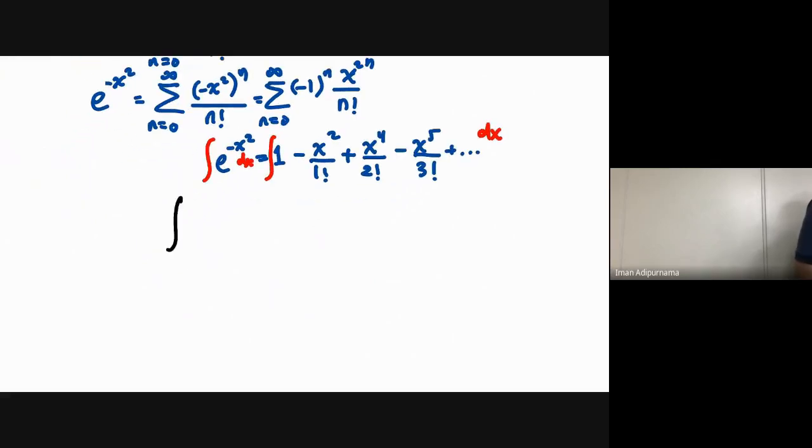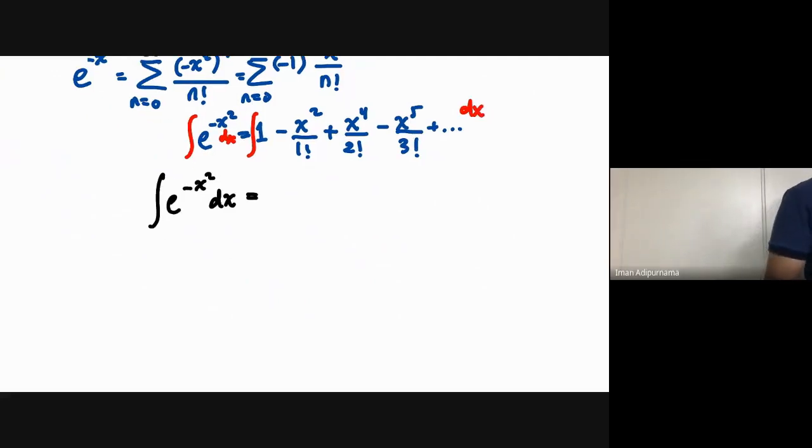So the integral of e to the negative x squared dx, we are using the Taylor series or Maclaurin series.